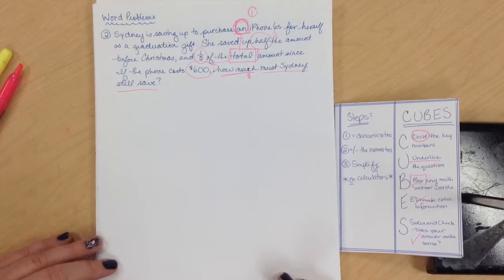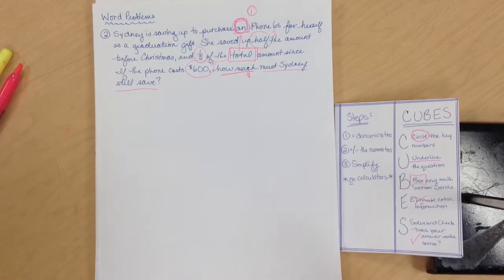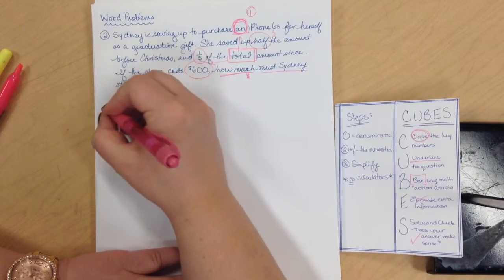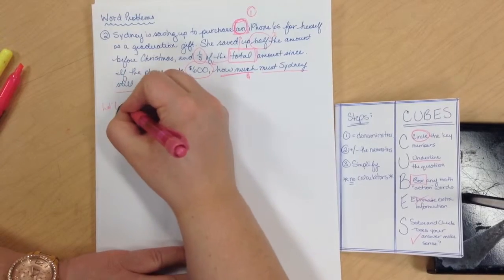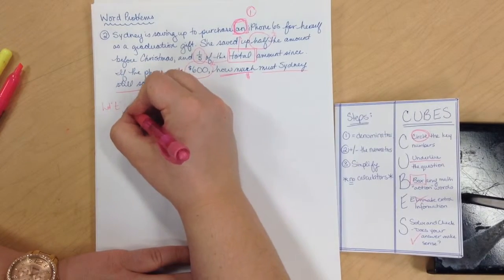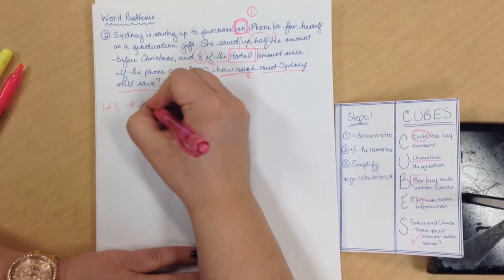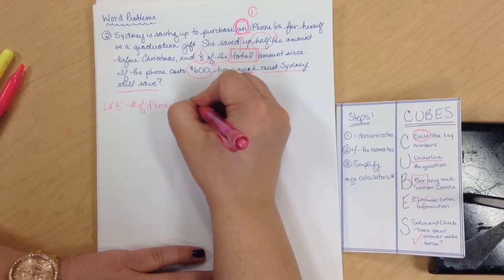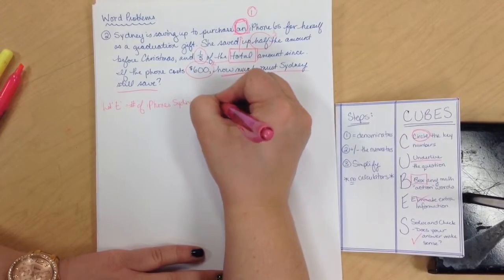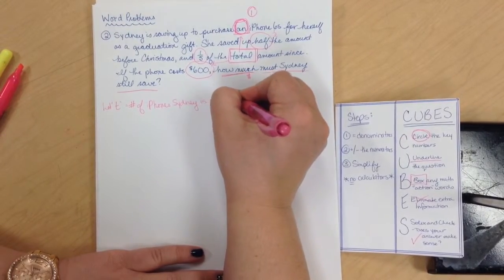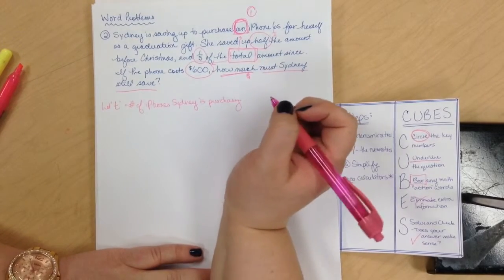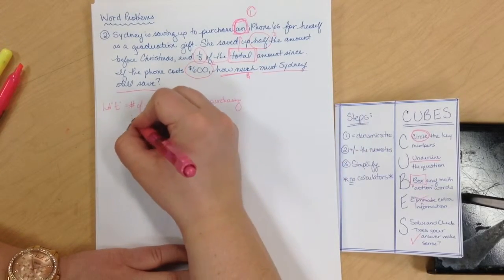So now I can solve and check. So I have, let's use T. So let T represent the number of iPhones Sydney is purchasing. Okay? Could also be the total amount.